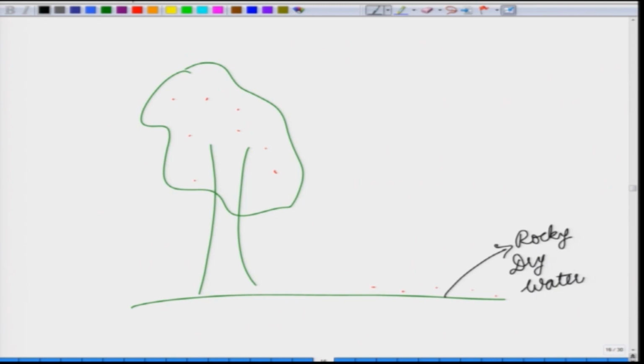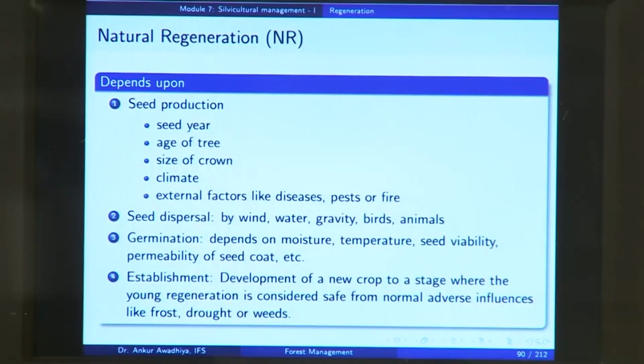So, in these conditions your seeds might not be able to germinate. Now, if your seed does not germinate, then your regeneration will not happen. So, this is also a factor that controls the natural regeneration.